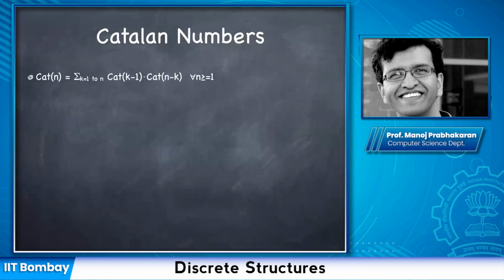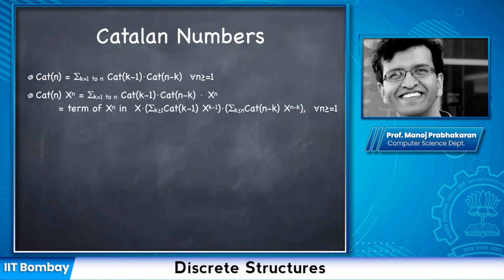Okay, so that's the recurrence relation for Cat n. And we are interested in finding the generating function. So one term of this generating function would be of the form Cat n times x to the power n. So you can just multiply this by x to the power n. This holds for n greater than or equal to 1.